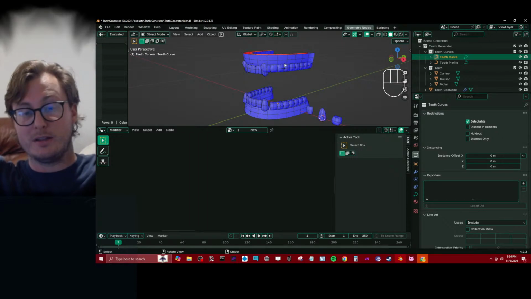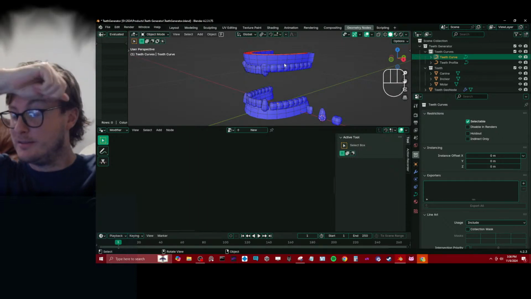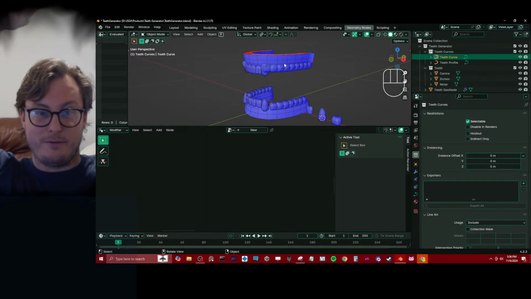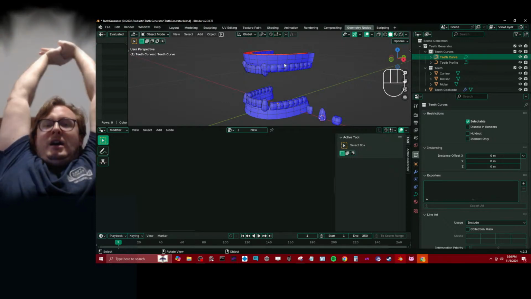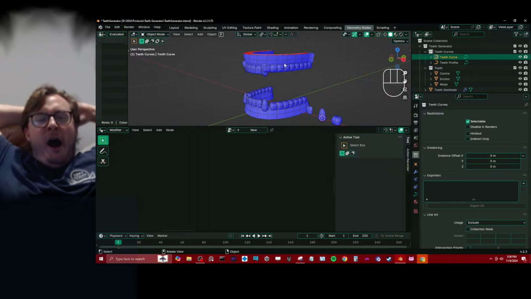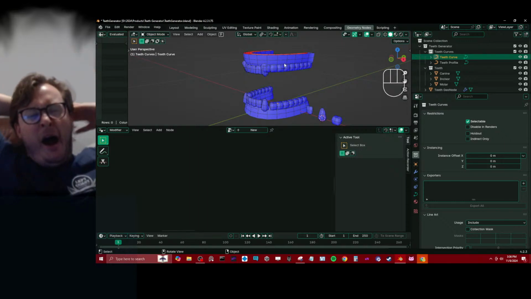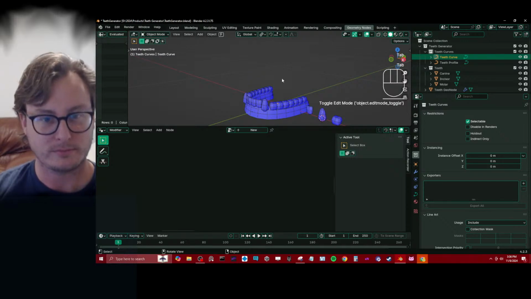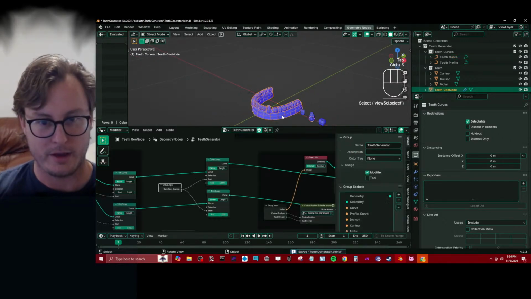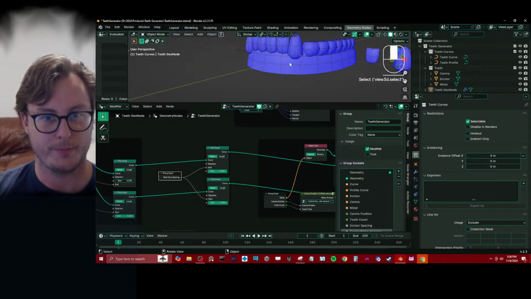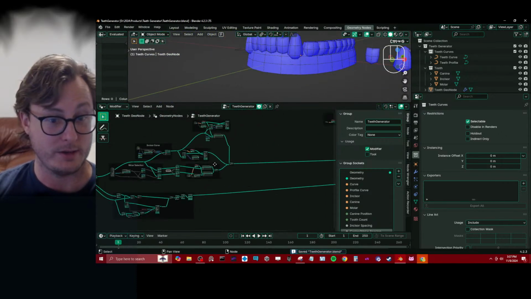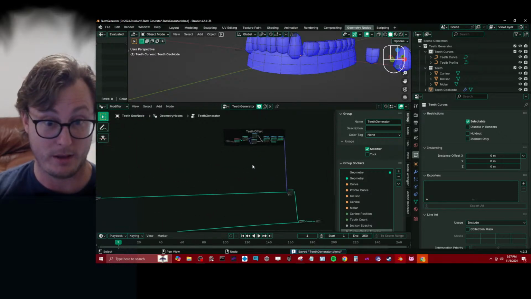I guess we would want to just literally have... Oh, I see what we want to do. But we're not going to do that right now. What I do want to do, though, is the high poly version.